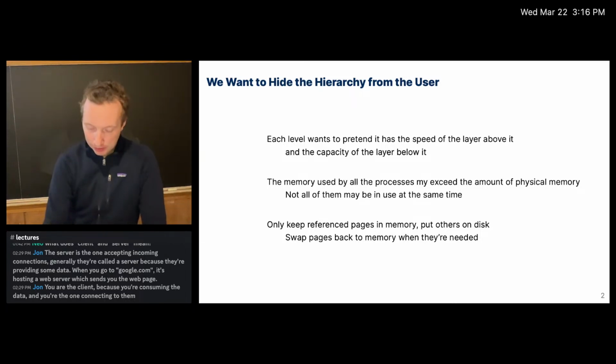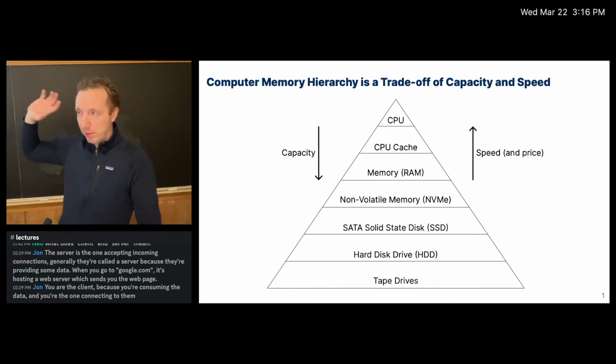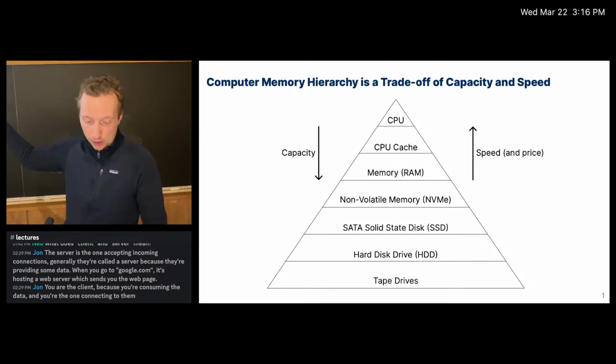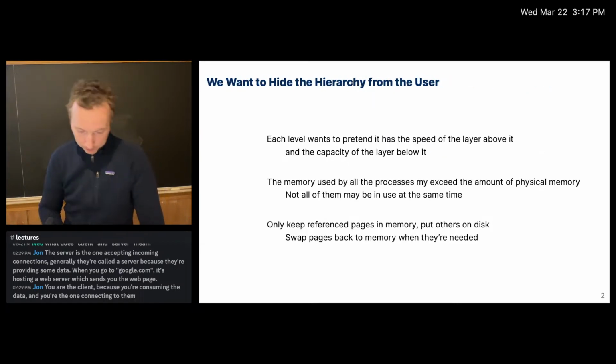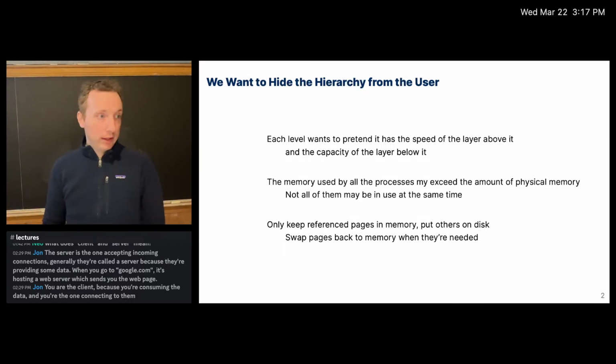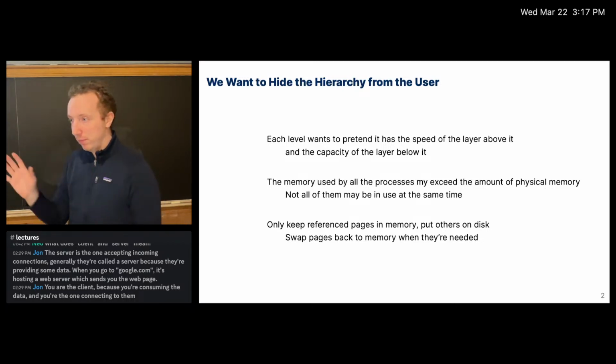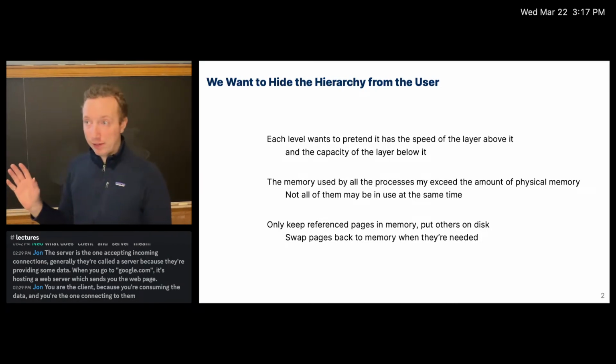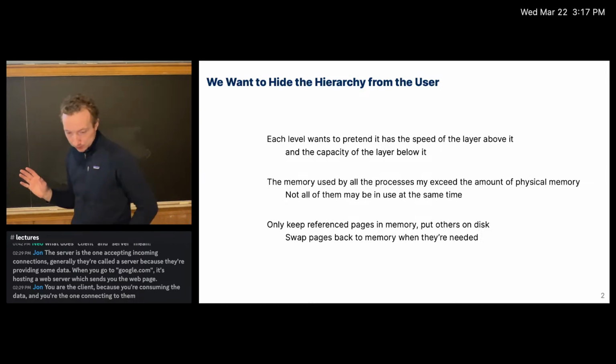Today we'll be talking about bridging this gap between persistent storage and your actual physical RAM on the machine. When you're using your processes, you might notice that the total amount of RAM used by every single process on your machine can actually exceed the amount of physical RAM on your machine, even though it's all in use.